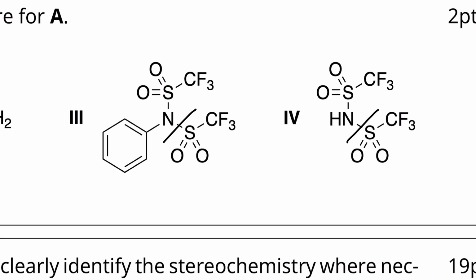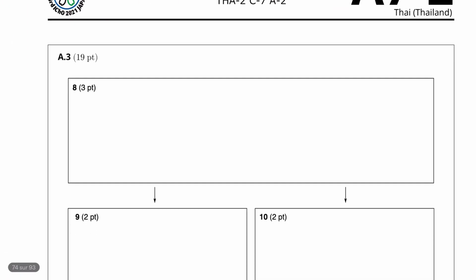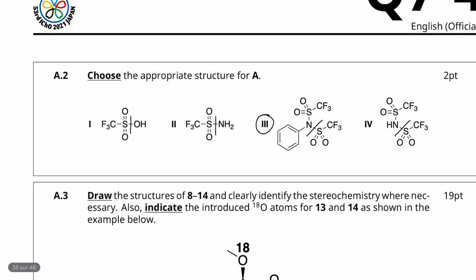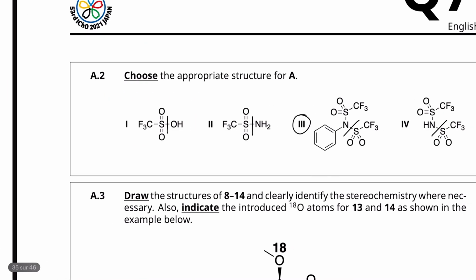So I would go for 3. 4 is a good one, but 3 is better, so I would choose 3. Let me put that on my answer sheet. Where is it? Oh, A2, right? I'm just going to say 3. Yeah. All right, let's continue.